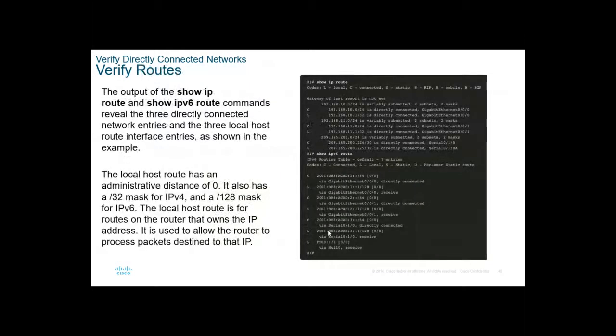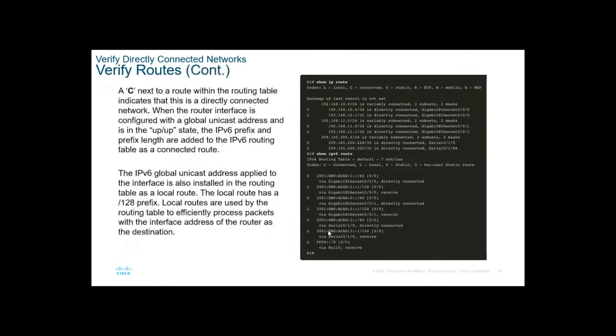Now, to check routes on a router, our switches are not smart layer 3 switches. They don't have routes in them. But on a router, you type show IP route or show IPv6 route, and that shows you all the routes that router knows about, either directly connected routes that are its own routes or routes it has been told about by another router, like with a dynamic routing protocol like OSPF.